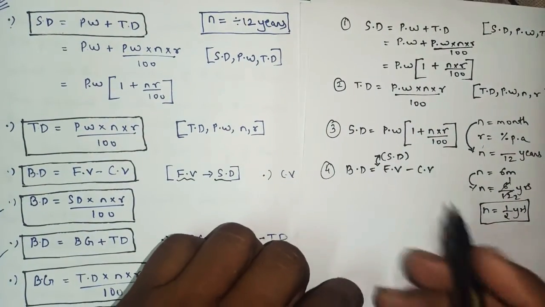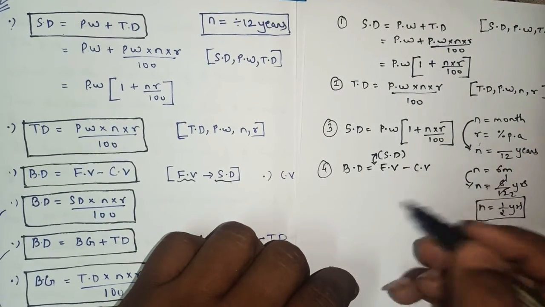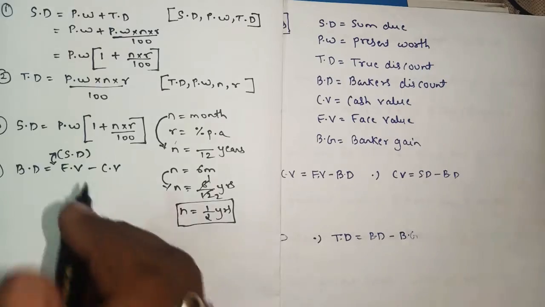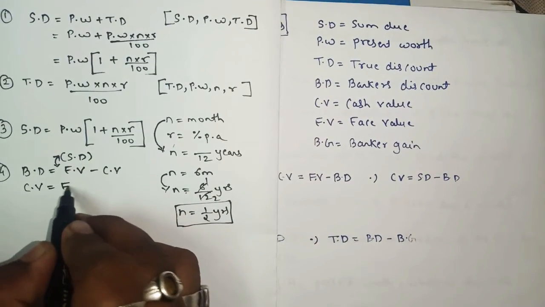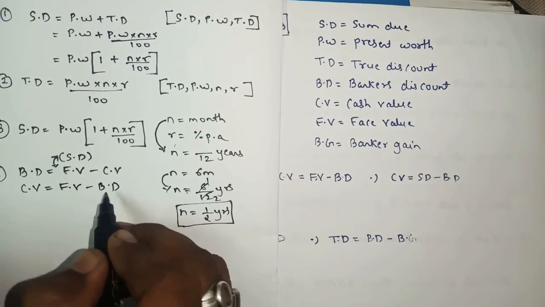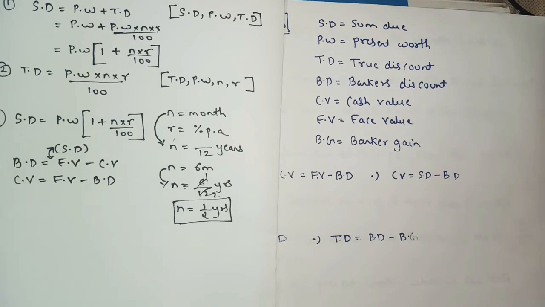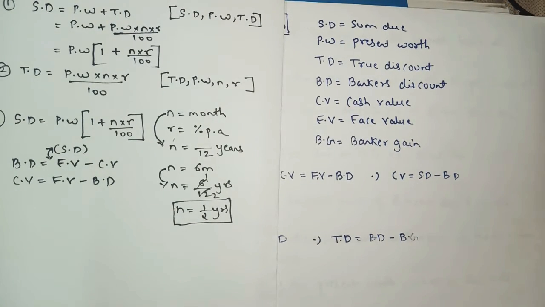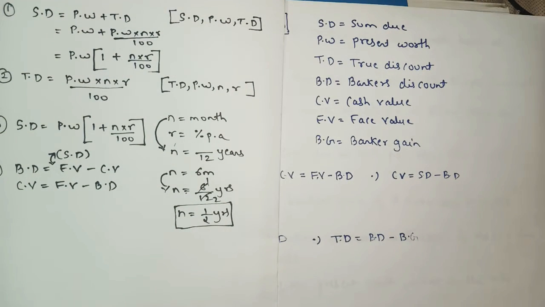Now with the help of this formula we can generate two more formulas. Listen here. We'll bring this CV to the left hand side and bring this BD to the right hand side. So here we got one more formula. Yes or no? Understood? In place of FV we can write SD also.